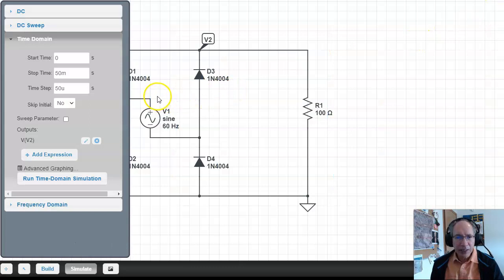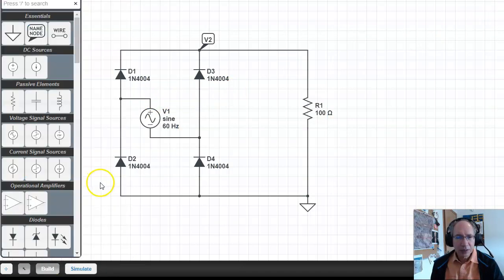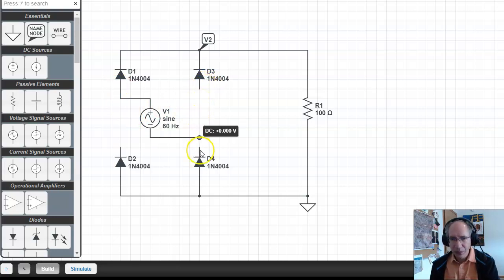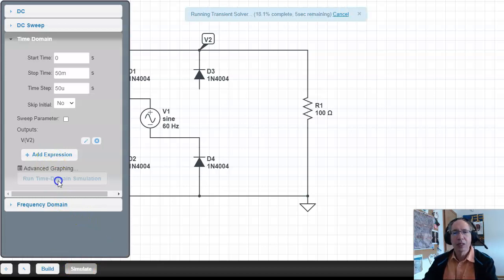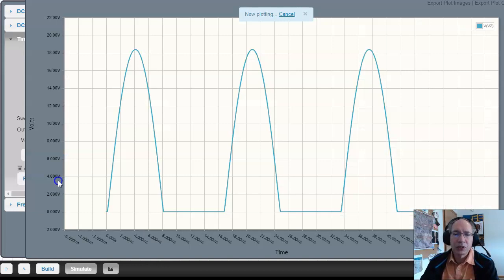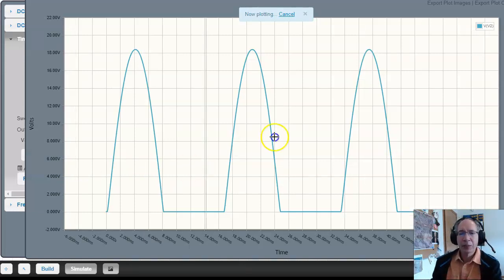If I disconnect one of these, like let's disconnect this guy. So I just have 1 and 4. This is a half-wave rectified sine wave. So again, this will be a 60 hertz signal at V2. That's my half.